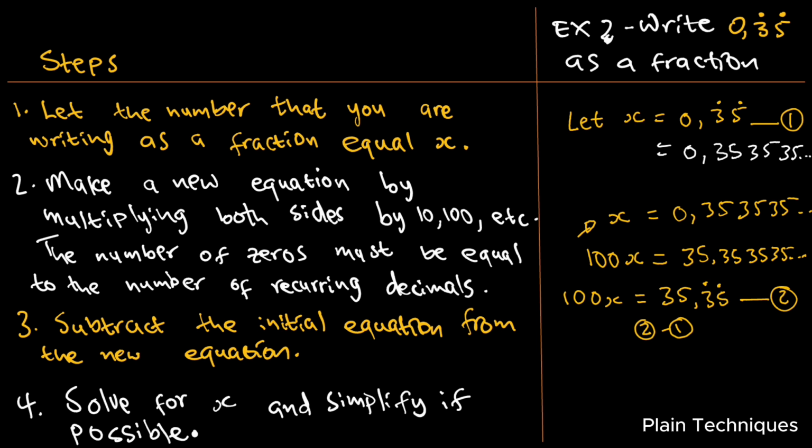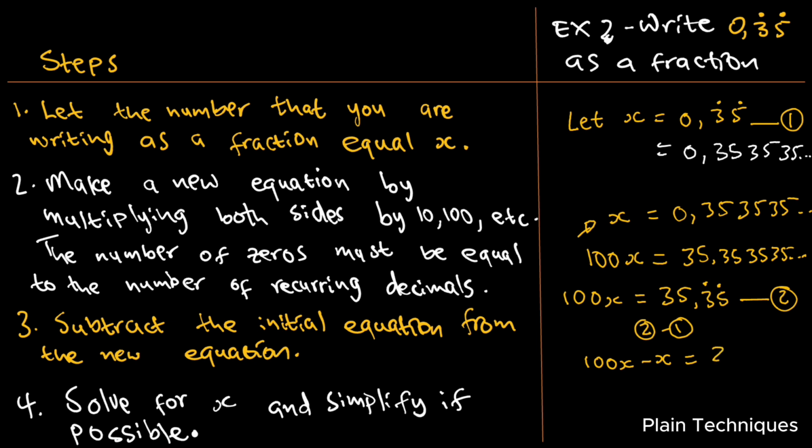So I'm going to write 100x minus x for equation number 2 minus equation number 1. The left side minus the left side of equation 1. Therefore, the right side of equation 2 minus the right side of equation 1: 35.35 recurring minus 0.35 recurring. All right, let me write that.